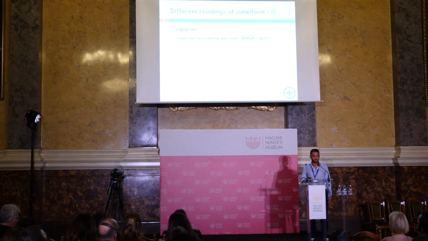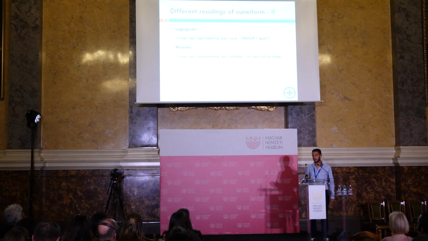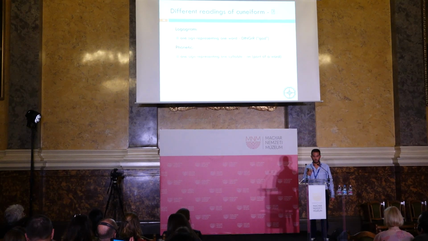Okay, so why is the reading of Akkadian so complicated, you might ask yourself. I mean, it's just a language like any other, but it's very different from the languages we know today, because each sign can be read in a few ways. First one is a logogram, where one sign represents a word, for example, dingir, which is God in Akkadian. The other type of reading is phonetic, where a sign represents one syllable, meaning a part of a word. For example, an, just one syllable.